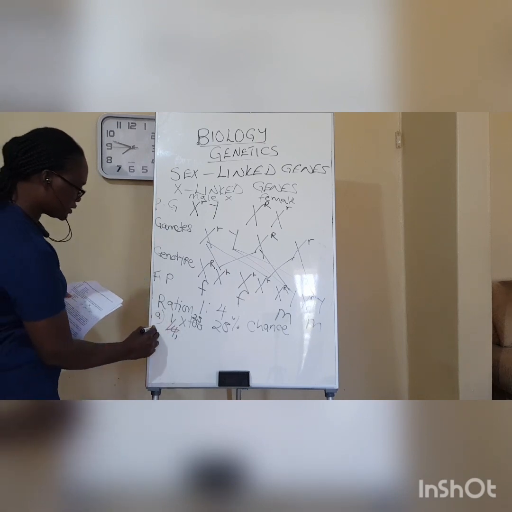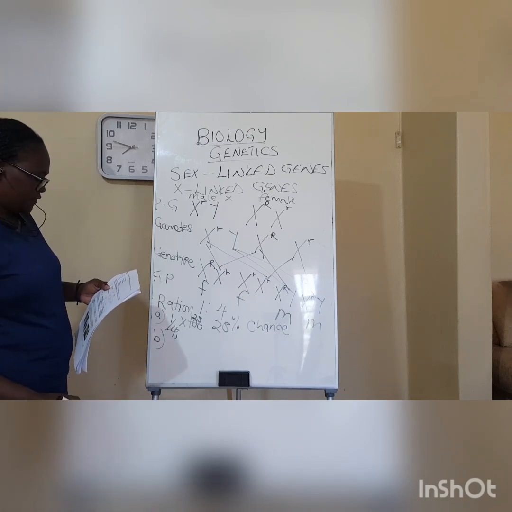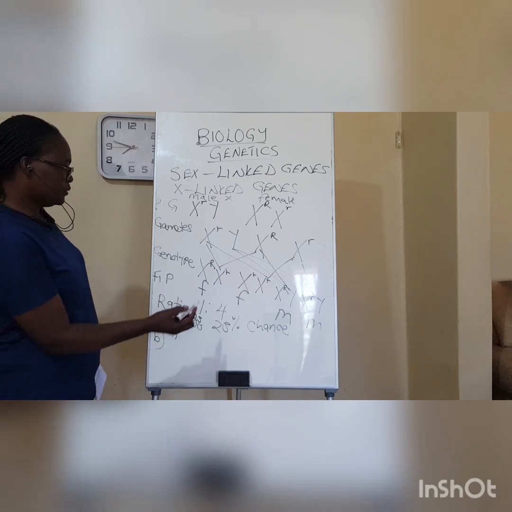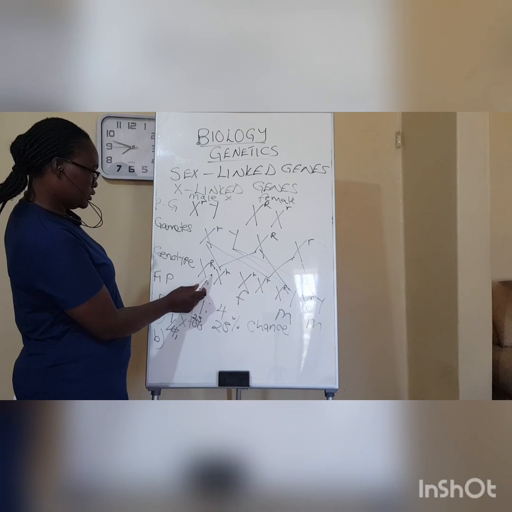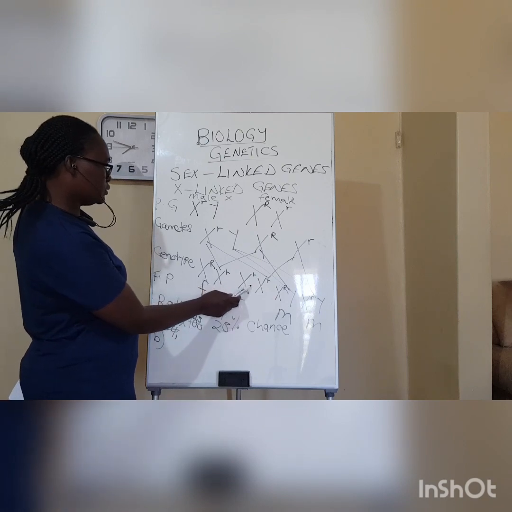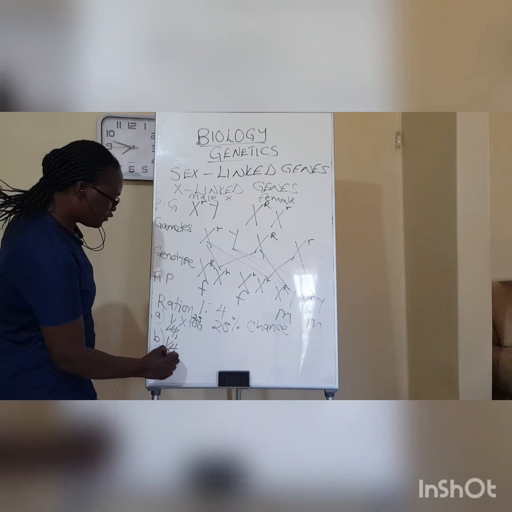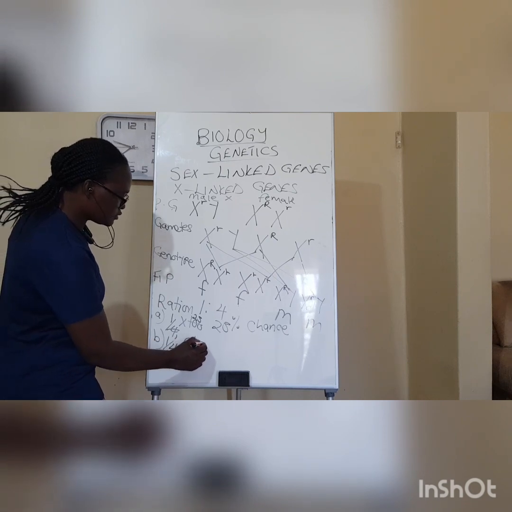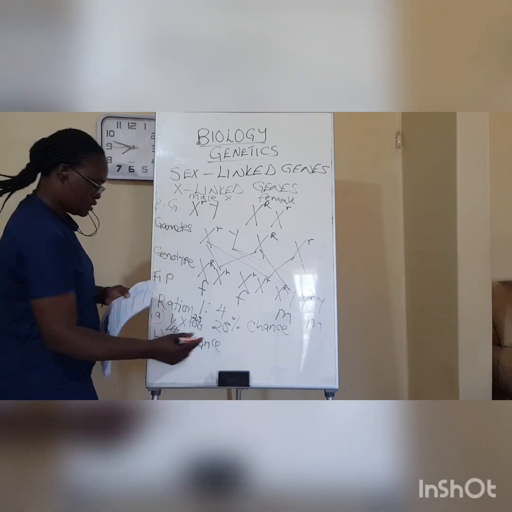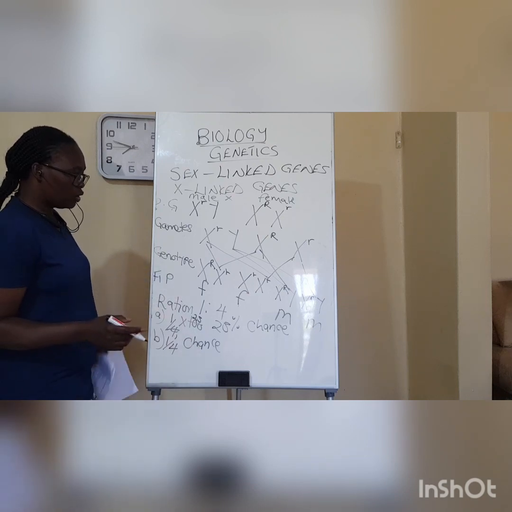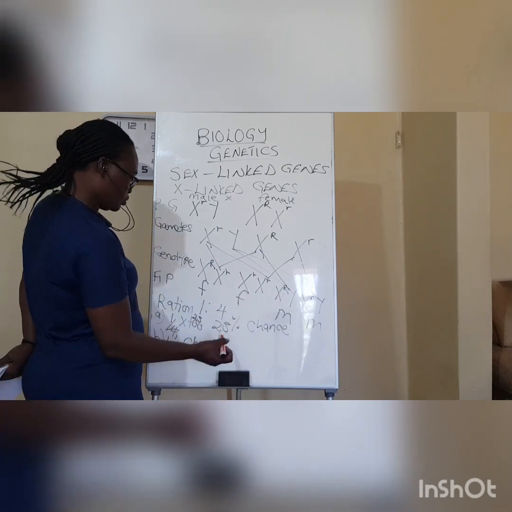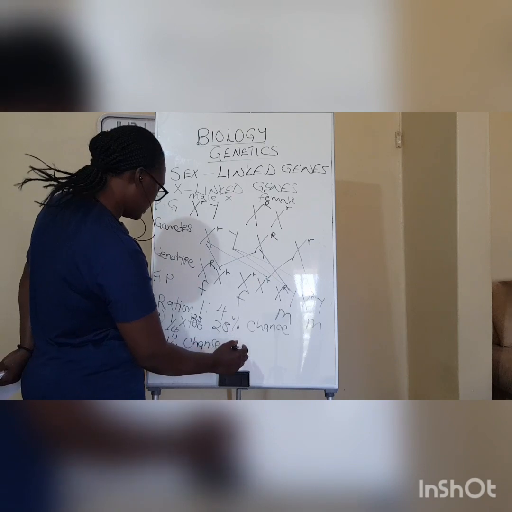Number B says a female carrier. This one is a female carrier. This one is colorblind. So it is also a 1/4 chance. Then a normal male. We only have this one. It's the same ones.